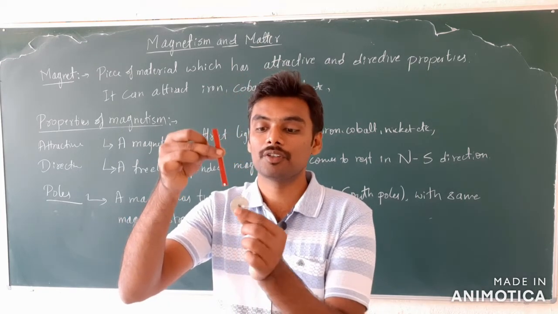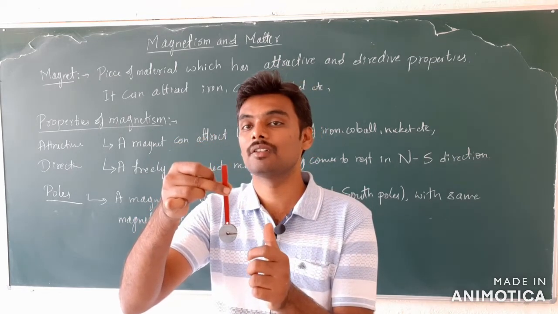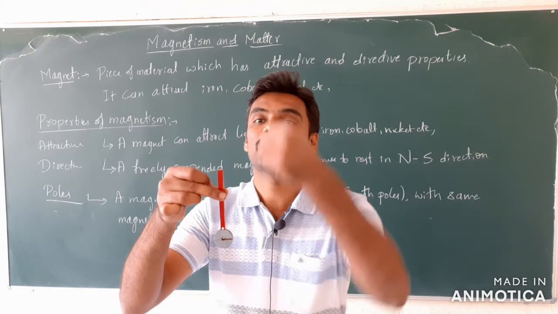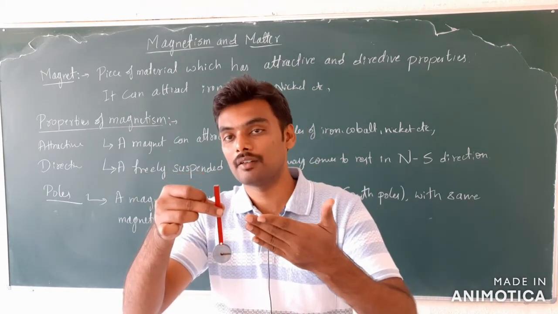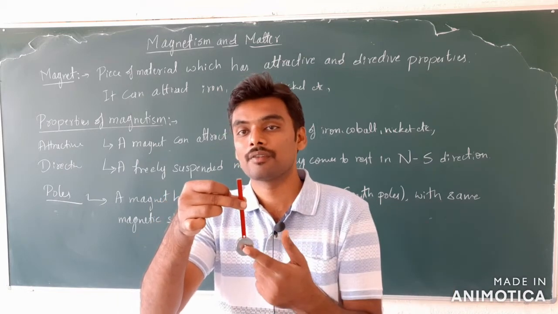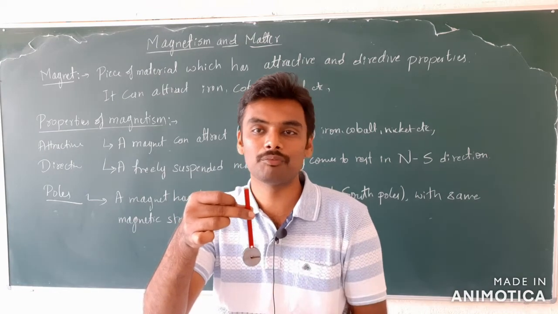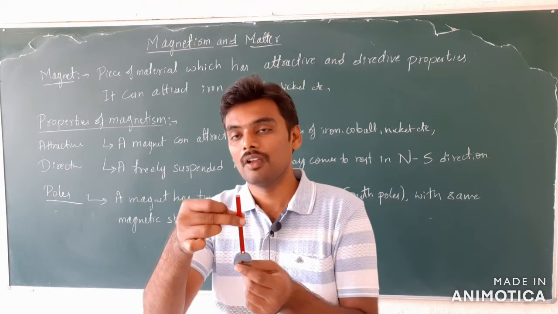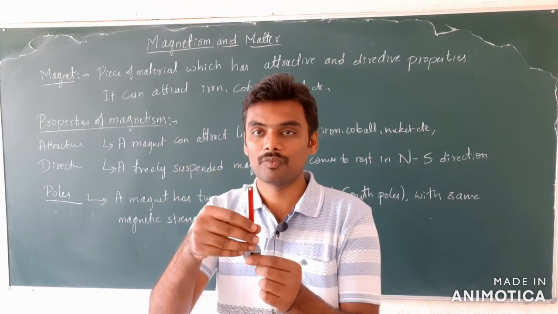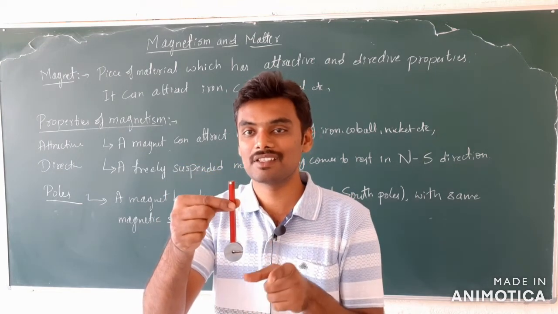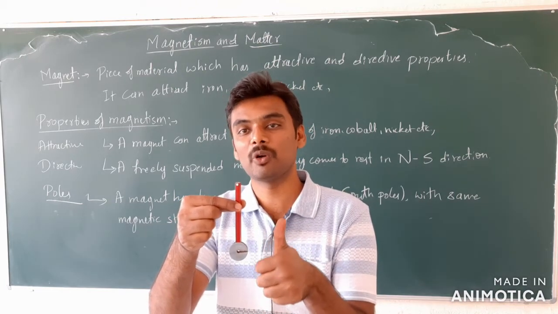So this weight can only stick to the magnet when the magnetic force of attraction is more than the weight of the body. So now, even if I change the pole from north to south, you can see it can still attract the body with the same amount of force.